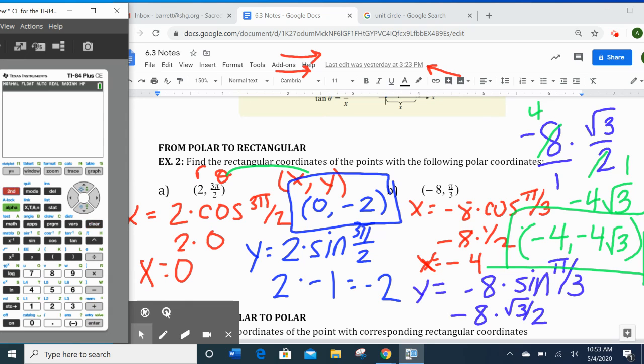So just keep that in mind with your calculator. If I did -8 times cosine of pi over 3, it will tell me -4, the exact answer, but just be careful with the roots. So that's why I recommend you use your unit circle.